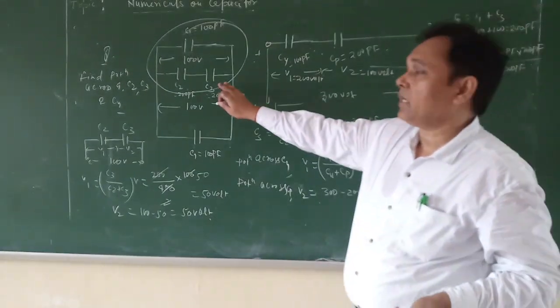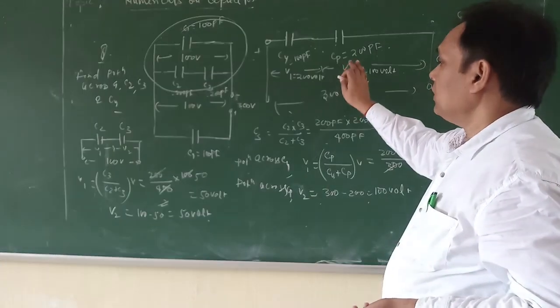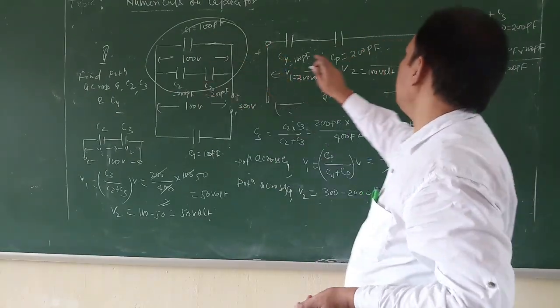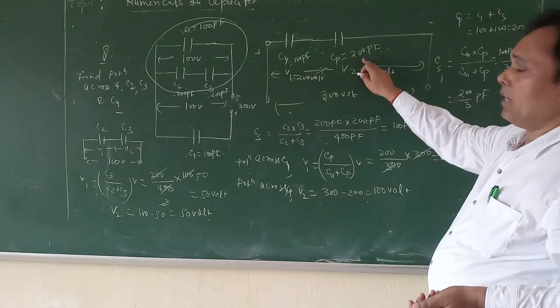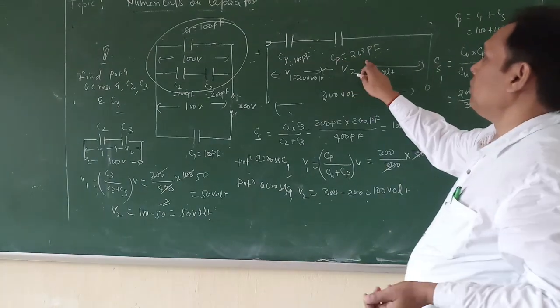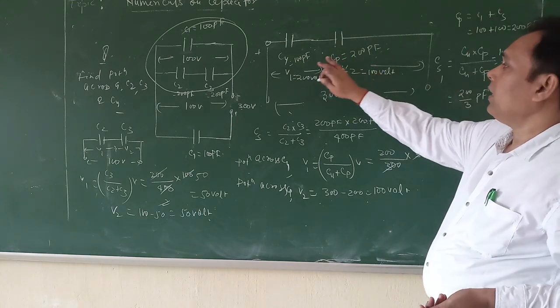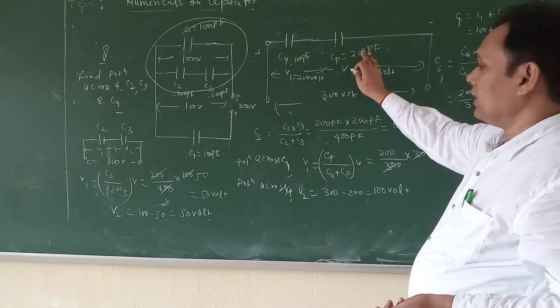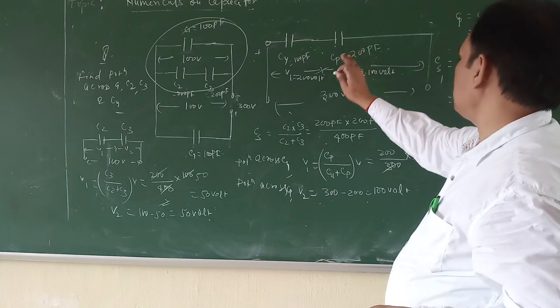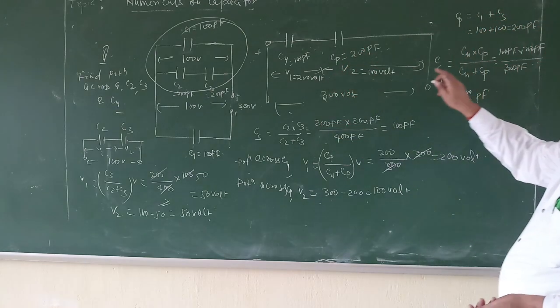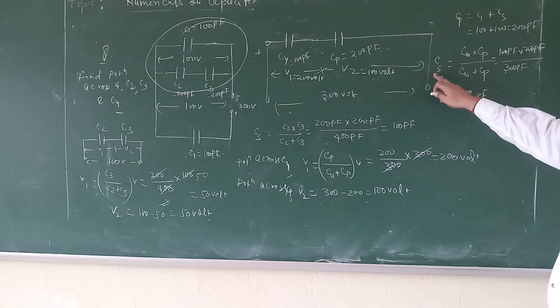So the equivalent circuit diagram is made here. This is C4, and this is CP, 200 picofarad. Again C4 and CP are connected in series, so you have to find their equivalent capacitance using the same formula.